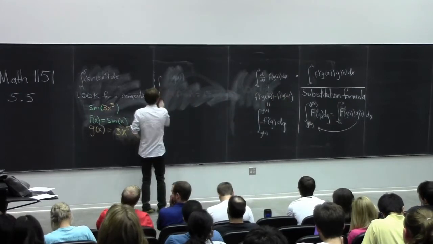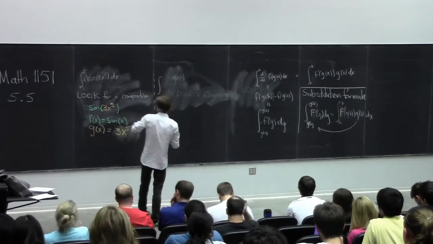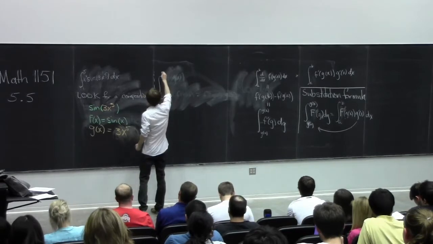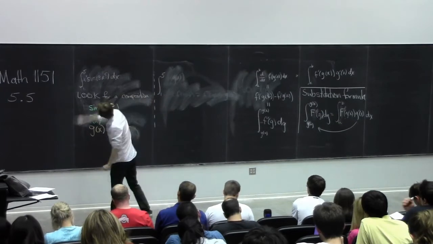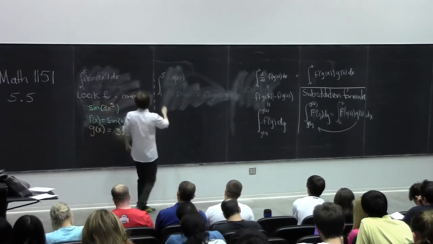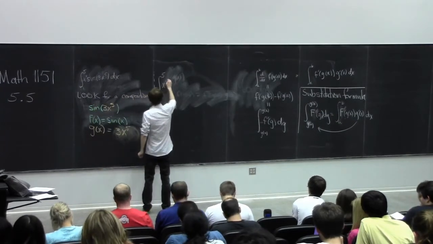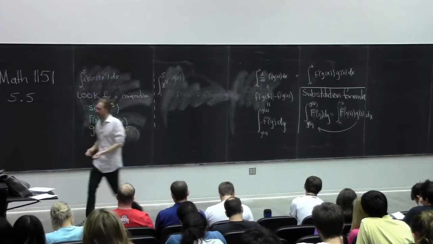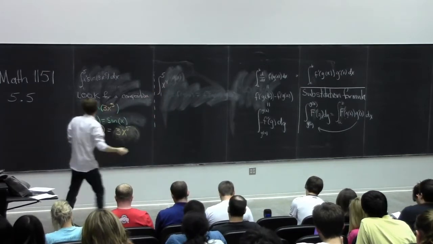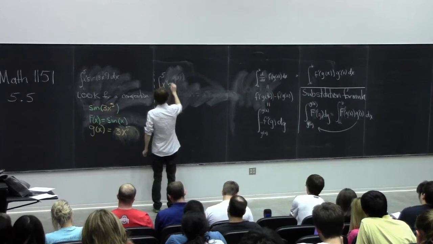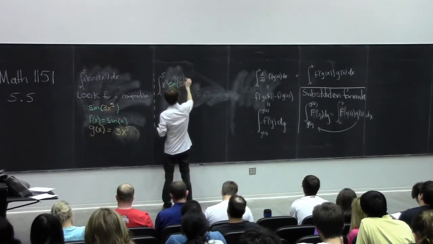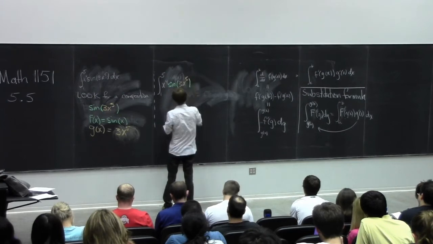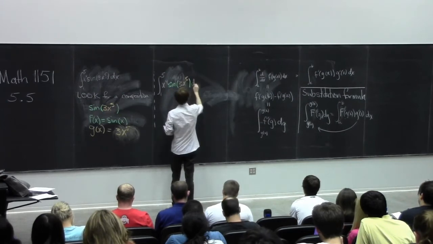So I'll write it with that side first. We have the integral from 1 to 5. And so a is equal to 1, b is equal to 5. And then I have x to the 4th, sine of 3x to the 5th dx.